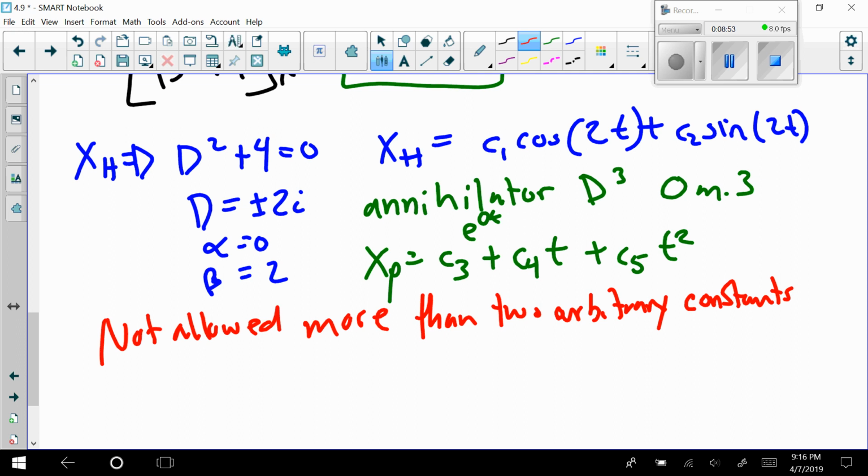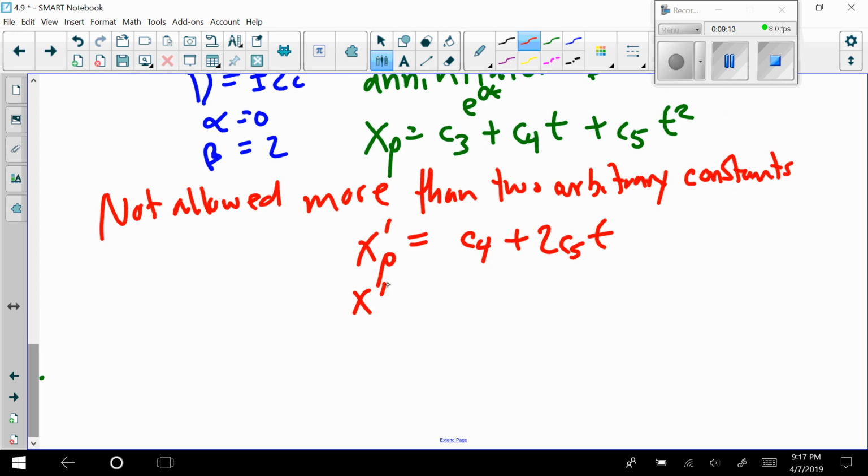So I actually have to get rid of all of these constants. Well, how did we do that before? Well, before, what we did is we found the derivatives, which would be c sub 4 plus 2c sub 5t. And then we need x double prime, which would just be 2c sub 5.